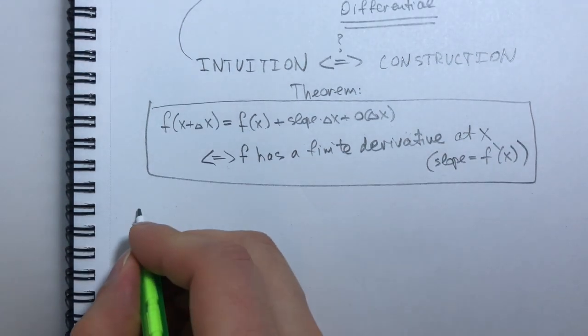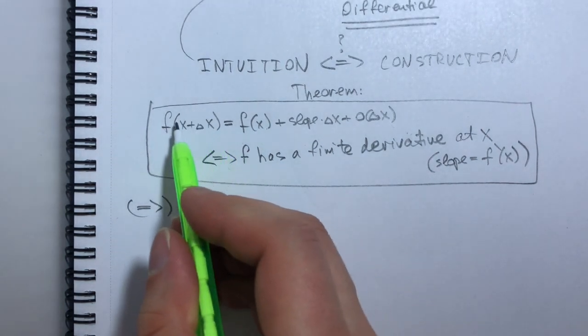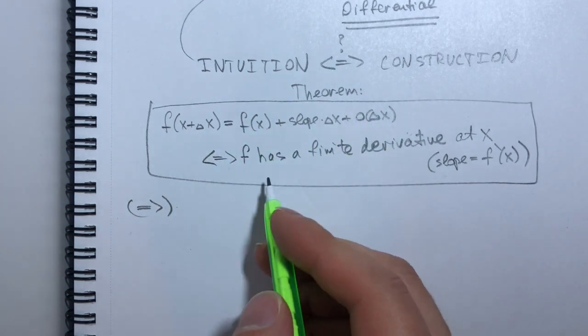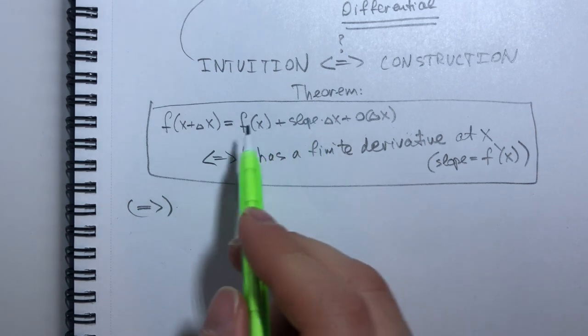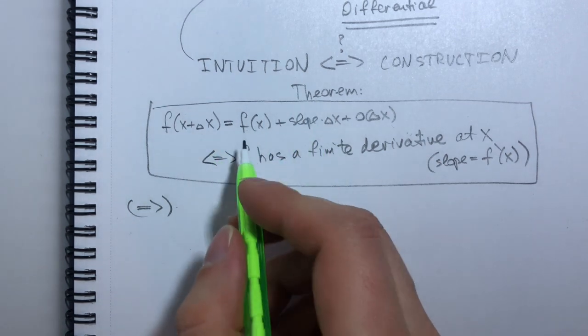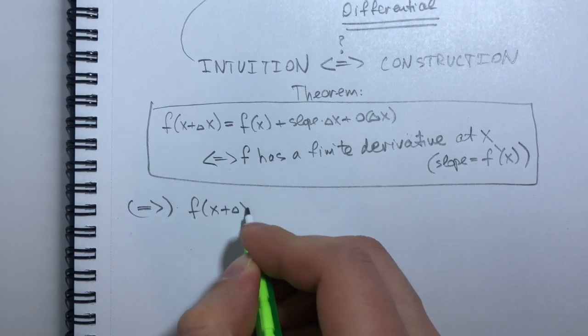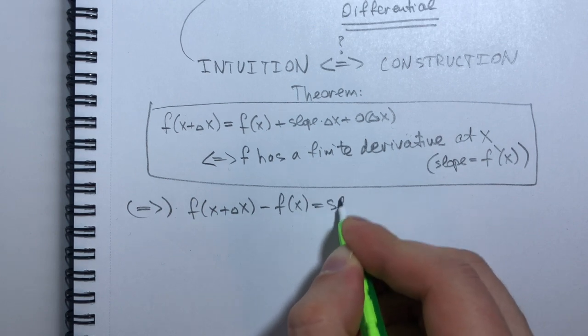So let us prove one direction of this theorem. If we assume that this is true at some point x, let us first subtract f of x from each side to get this.